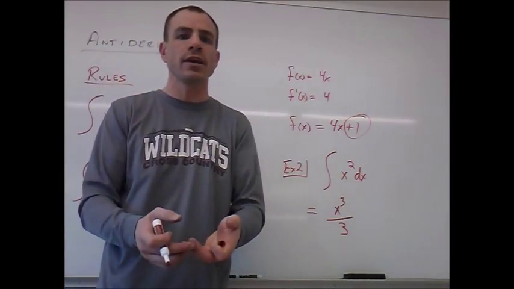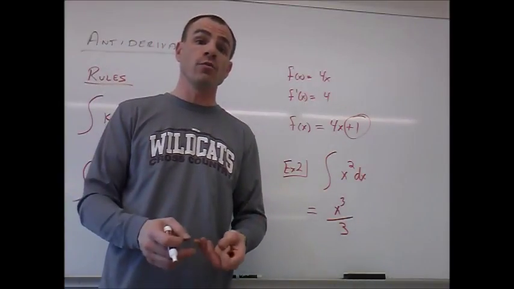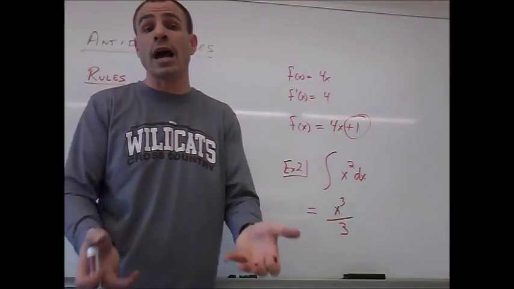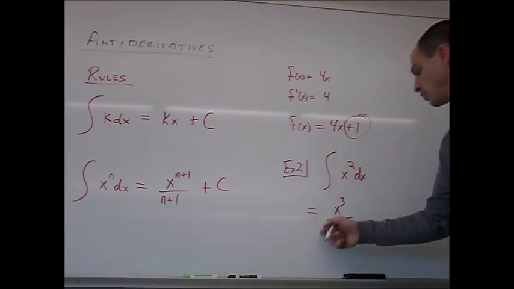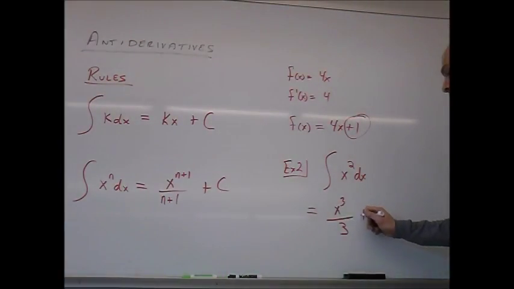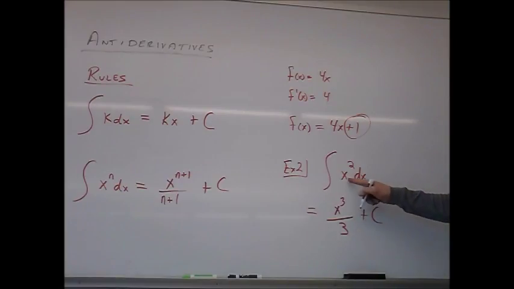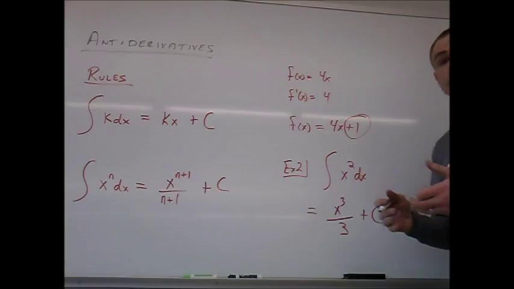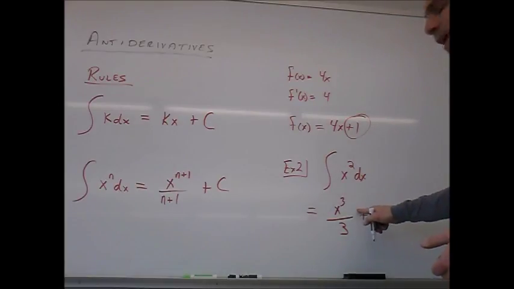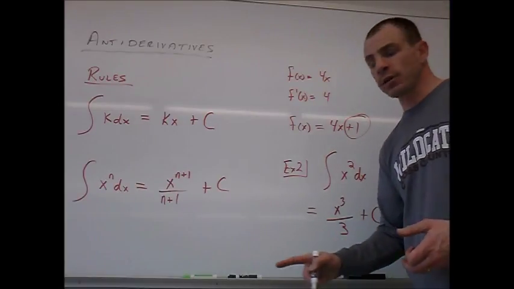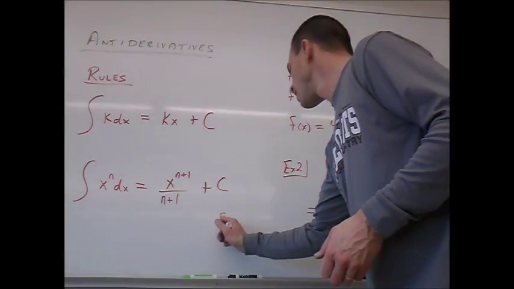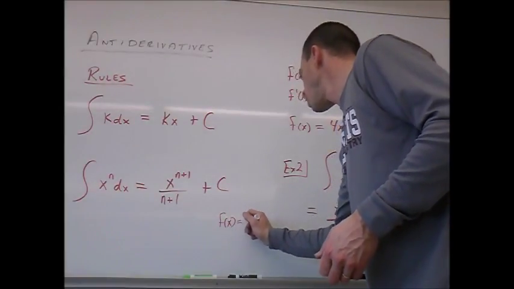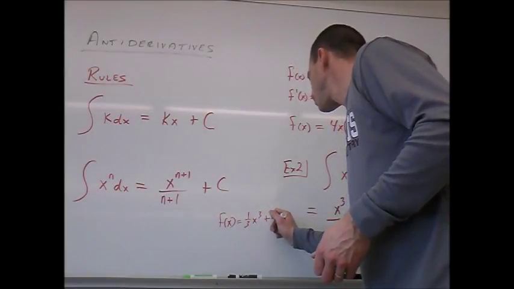Whenever we do antiderivatives, you can always check your work. You just need to derive your answer. All right, so we have x cubed over 3 plus c. That is the antiderivative of x squared. And again, I know this because if I derive my answer, I'm going to get x squared. Let me go right over here where I have a little bit of space. All right, f of x is 1/3 x cubed plus c.